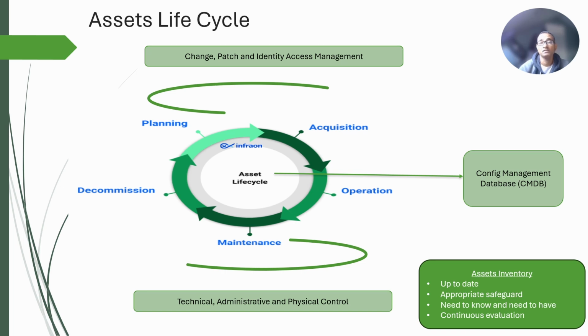Once we acquire the asset, then we put it into operation, because that is why you have acquired an asset. And since it is in operation, it is bound to undergo wear and tear.